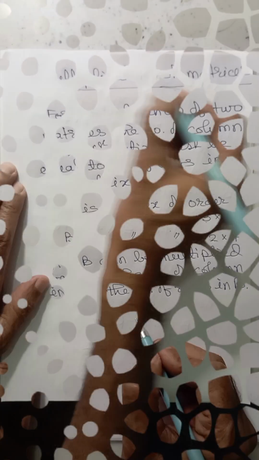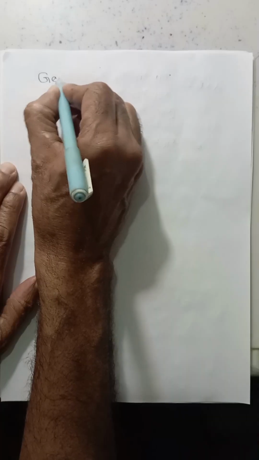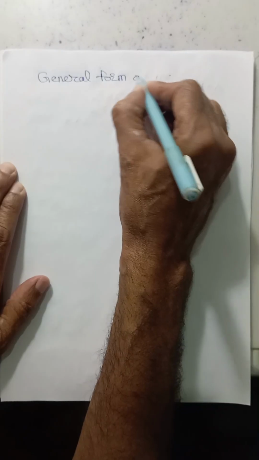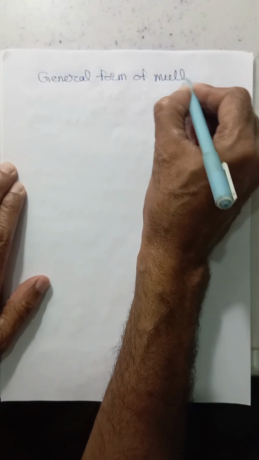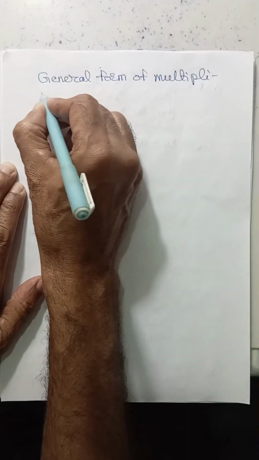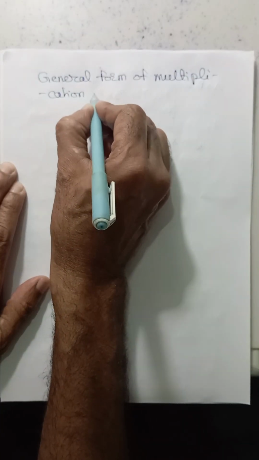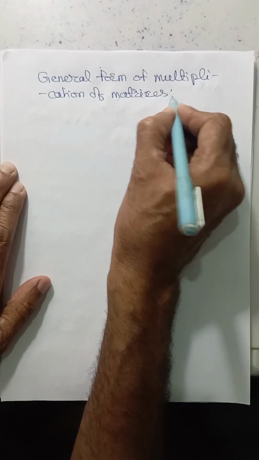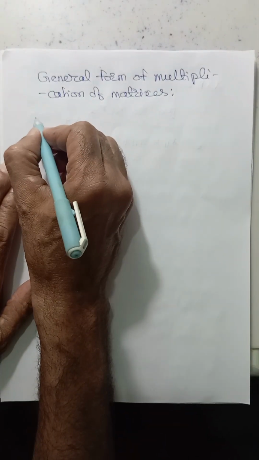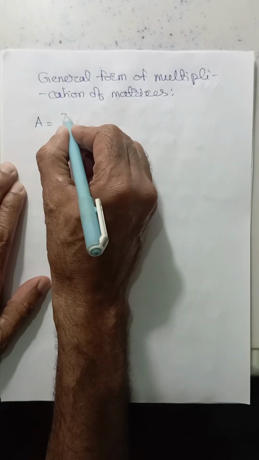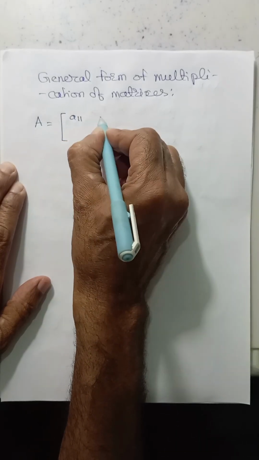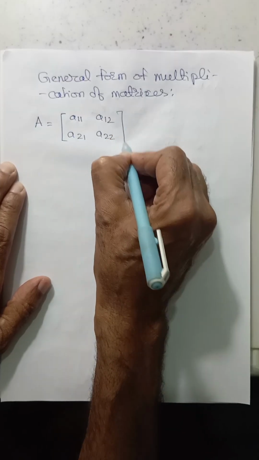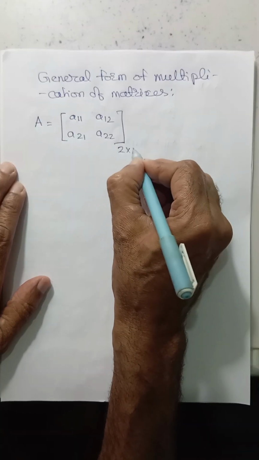So now let us see the general form of multiplication of matrices. Suppose A is equal to A11, A12, A21 and A22, a square matrix of order 2 into 2.